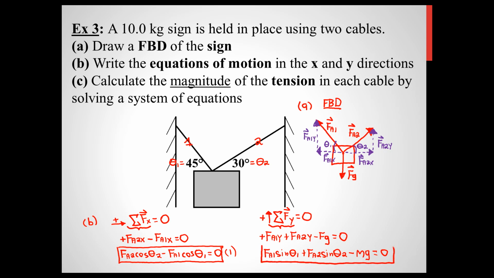Box this equation, and we'll call it equation number 2. Now, the reason we have a system of equations is because we have 2 equations, and in both of these equations, we have 2 variables that are unknown. We don't know what Ft1 is, and we don't know what Ft2 is. However, if you have 2 equations and 2 unknowns, you can solve the system. And that's what I'm going to show how to do in part C.